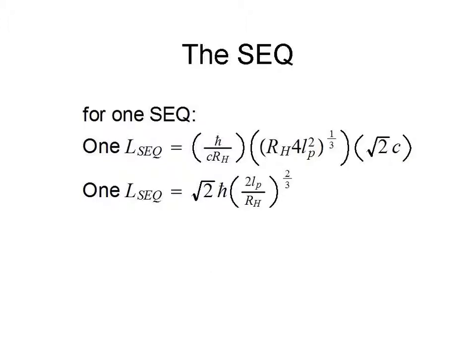Looking at the small energy quantum, we find that the angular momentum, as we've seen, for 1 SEQ is equal to the square root of 2 times h bar times 2lp divided by r sub h to the 2/3 power.